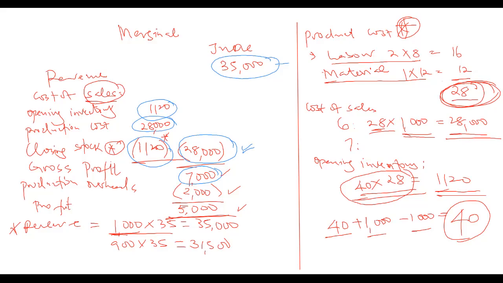This 28,000 is not a closing stock value. It is the sum and subtraction of opening inventory plus production cost minus closing stock. It's not the closing stock.